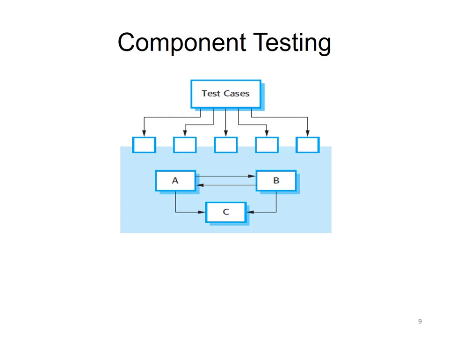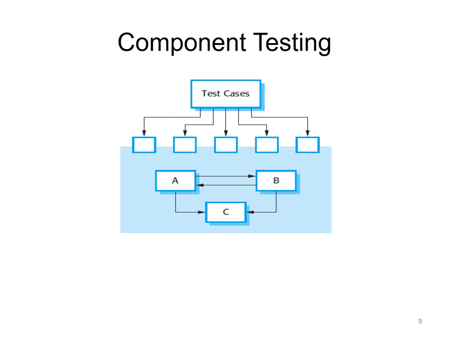There are different types of interface between program components and consequently different types of interface errors that can occur. Number 1. Parameter interfaces. These are interfaces in which data or sometimes function references are passed from one component to another. Methods in an object have a parameter interface.